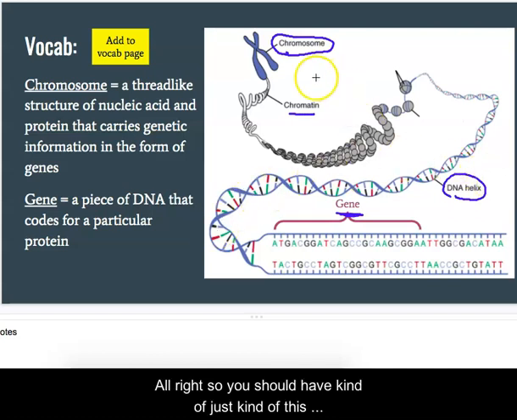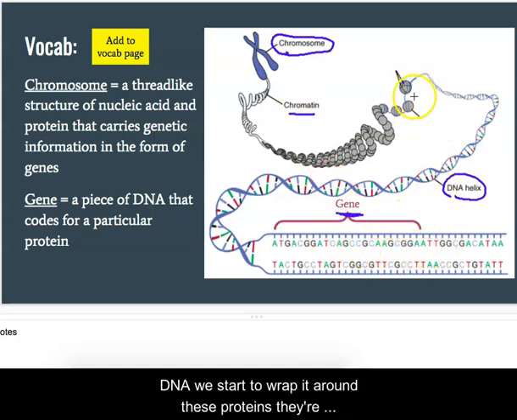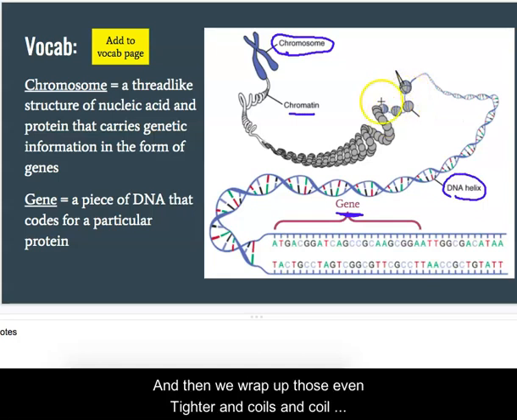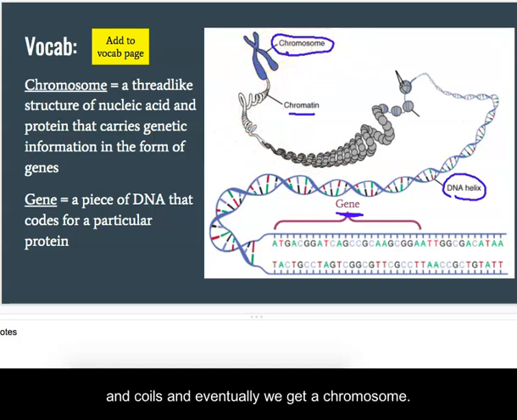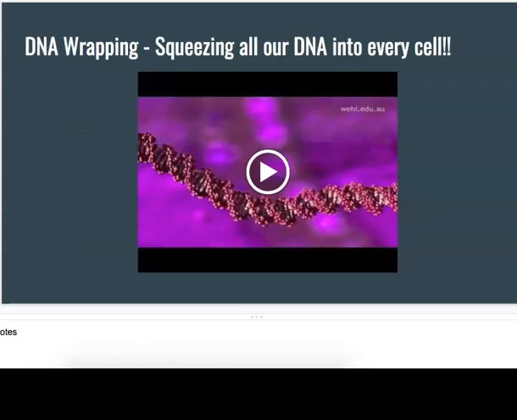All right. So you should have this general understanding that if we have our big long string of DNA, we start to wrap it around these proteins. They're called histones. And then we wrap those up even tighter, coiled and coiled and coiled, and eventually we get a chromosome. And I do have a little recap video here.